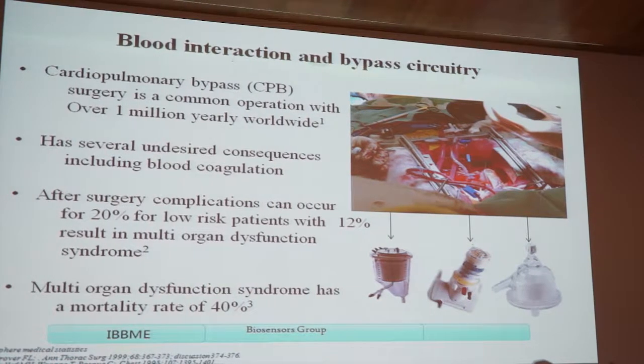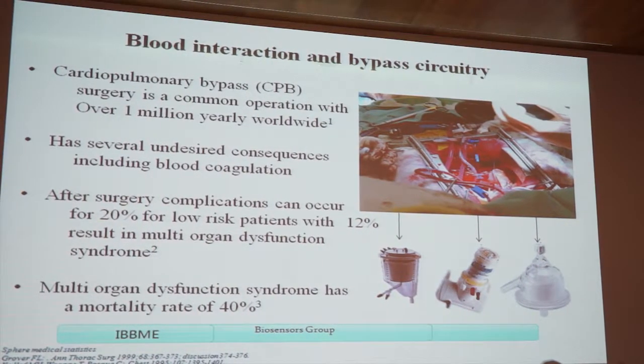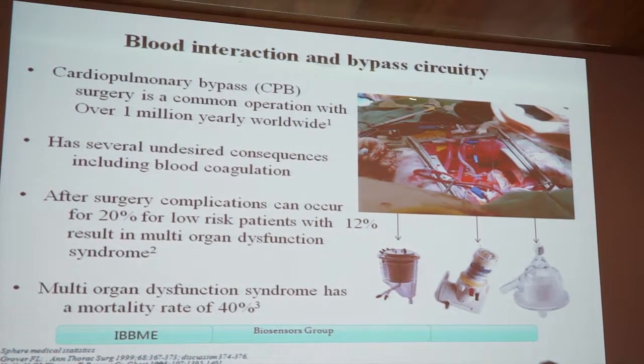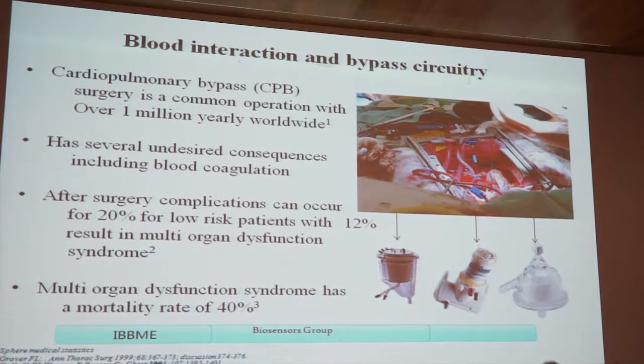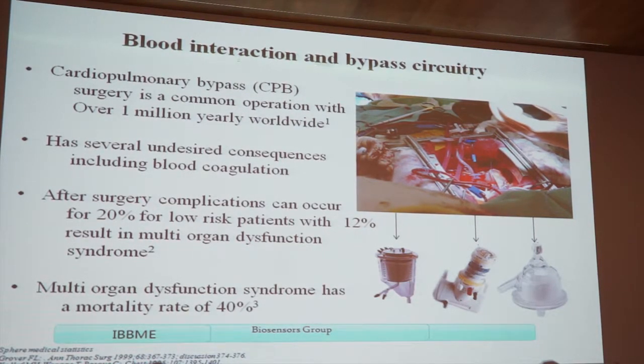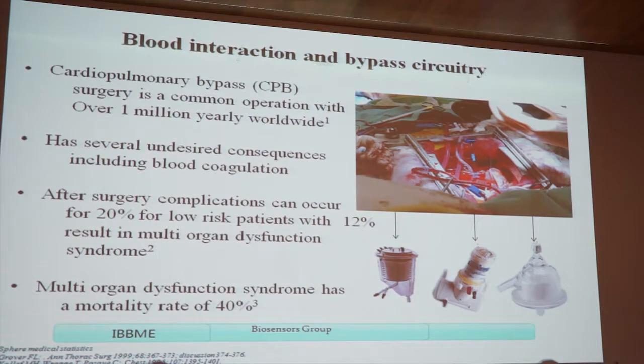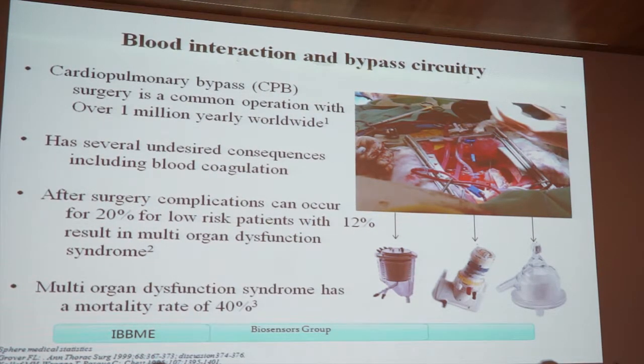One of these types of interaction is in what is called bypass circuitry. Very often when guys have a heart attack problem, they have to have something called bypass surgery, where they reroute connections in the heart. You see here one of these operations taking place. And one of the issues here is that many of these materials are actually made from polymers, or polymeric materials.